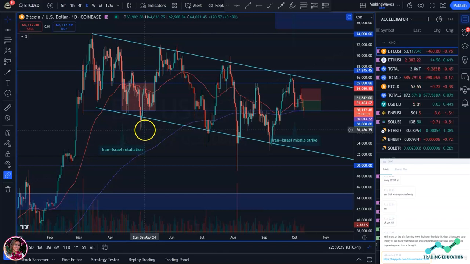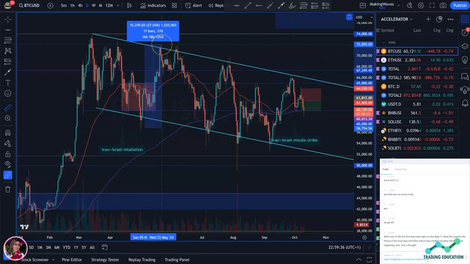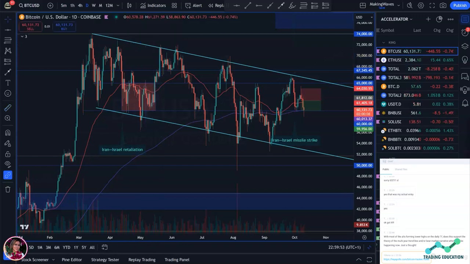So if you want to measure that, that's a 27% increase. From the day that we saw 9,700 ETF outflows, which was actually the low, price rallied 27%. So the masses are usually wrong around the lows and the peaks.